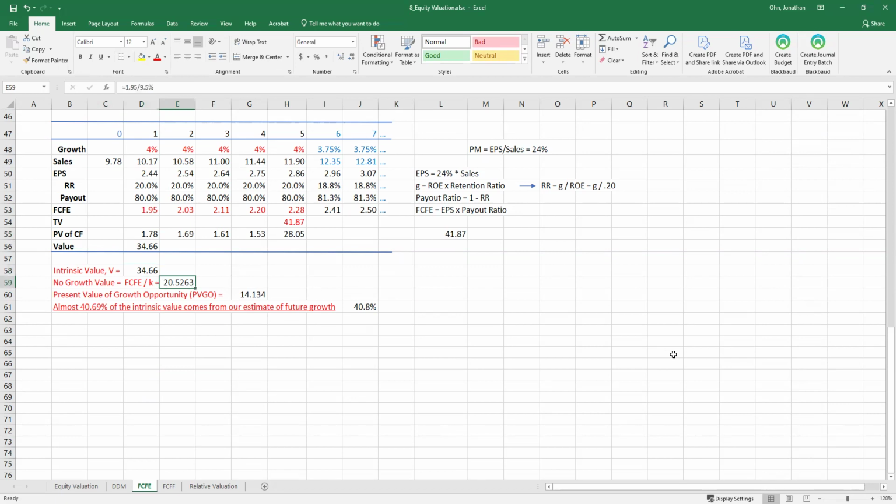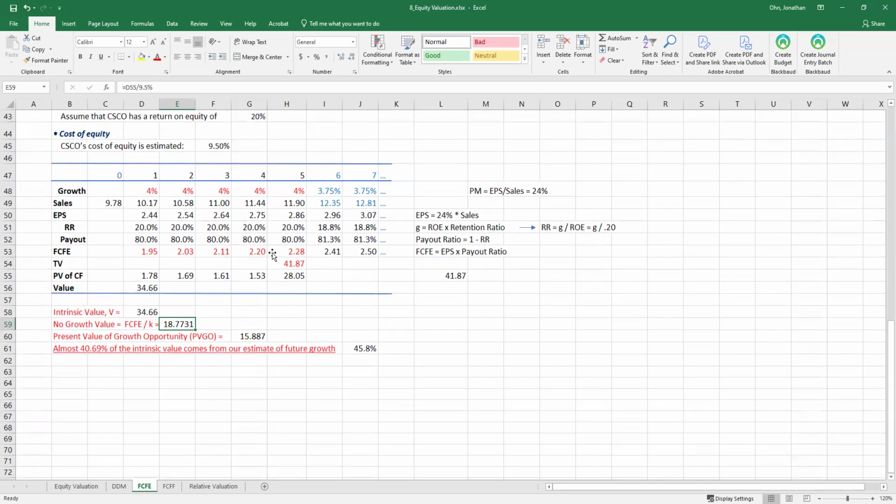Now, as I said, we know that there are two components there. So let's calculate the no growth value. It starts with this one, 1.73. So 1.73 divided by our cost of equity, 9.5%. It is 18 point, is that right? Yeah. That is our no growth value.